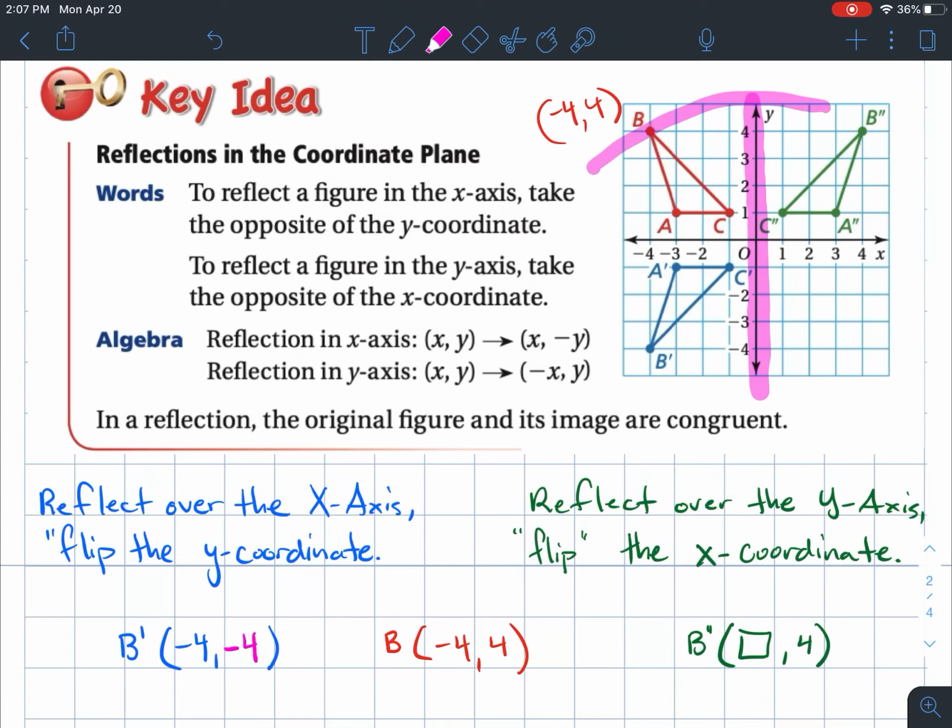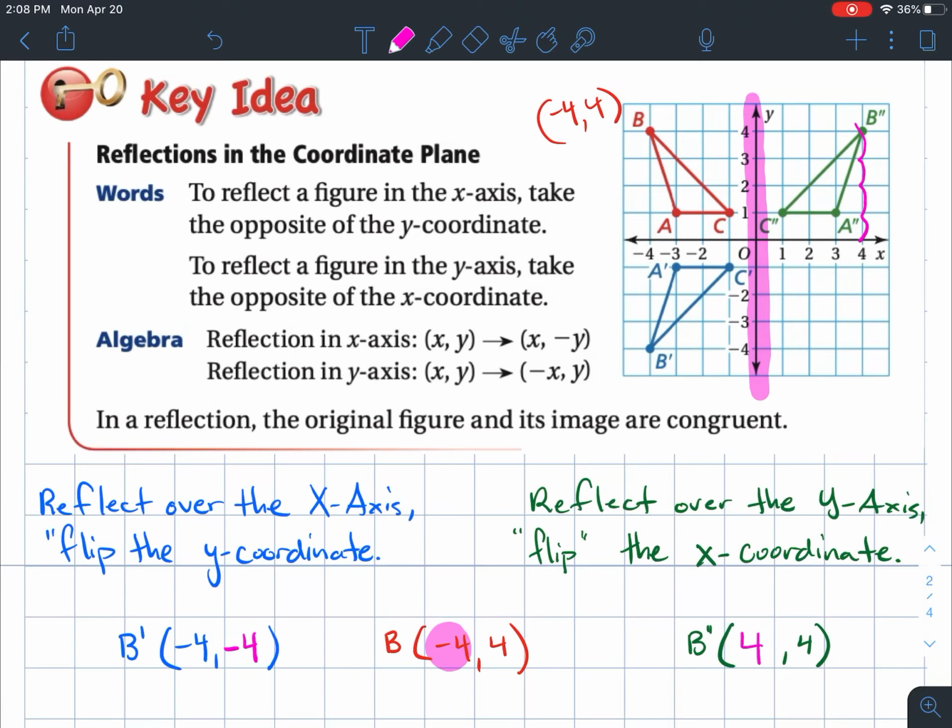Since we're flipping it over the y, we want to flip the x to its opposite. So what is the opposite of a -4? Well, it's a +4.